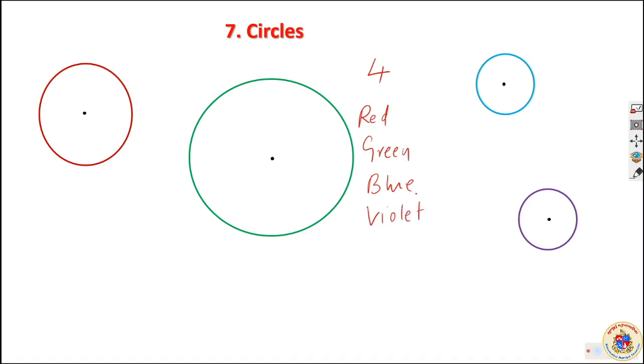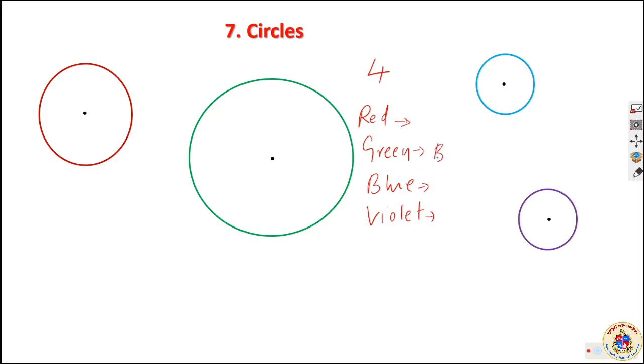Correct? Then if I ask you what is the difference between these circles, you will surely say that they are of different color, which you already told. What more difference is there?